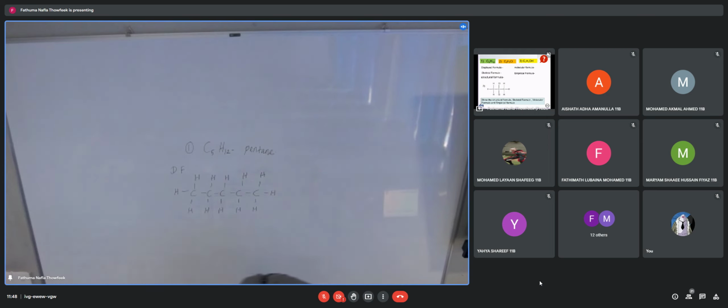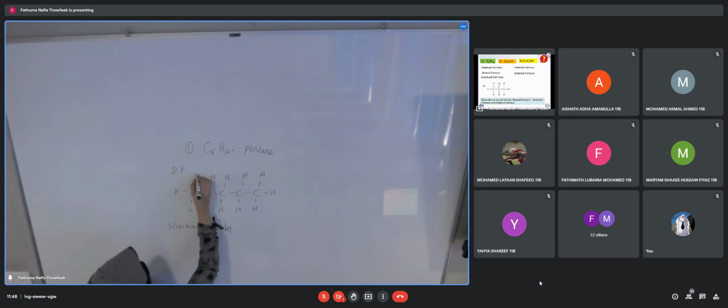After that, they are asking you to draw the molecular formula, empirical formula, structural, and skeletal. Now I am writing the structural formula, okay? Part by part. This part first, CH3.